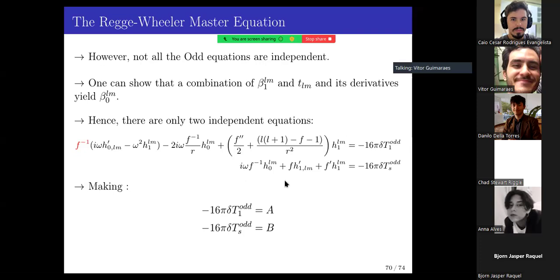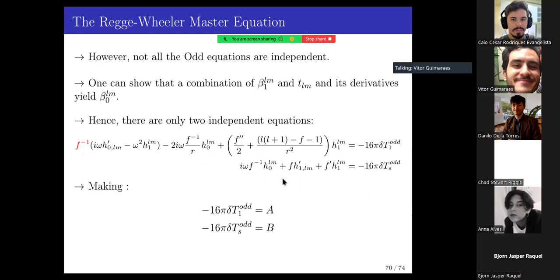Okay, and what we're going to do next lecture is combine these two equations. We're going to relabel this and this as A and B to simplify our equations. What we're going to do is try to isolate H0 in this equation here, take the first derivative of H0 and plug this first derivative of H0 here, so that we get a single equation with all the elements that we have here. We're going to combine these two equations into one.